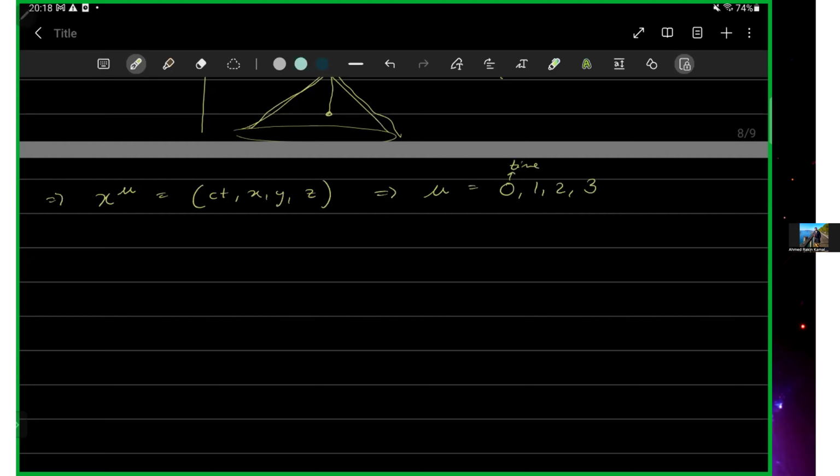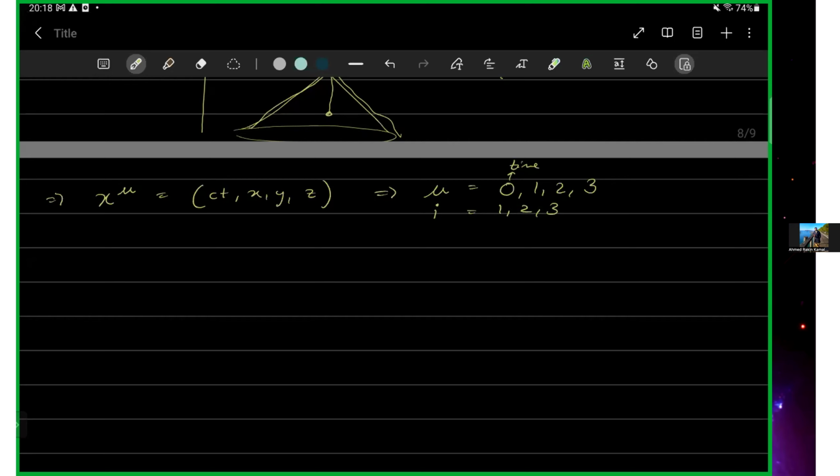Okay. And in GR particularly, you will see that whenever you use Greek letters, they always incorporate time. So Greek letters actually mean they run from 0, 1, 2, 3. And if you use Latin letters, let's say i, j, k, they will run only for space, so 1, 2, 3. Okay, this is something that you will encounter when you do general relativity in general.